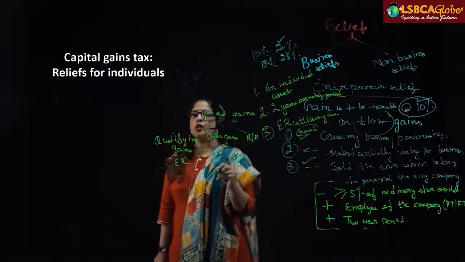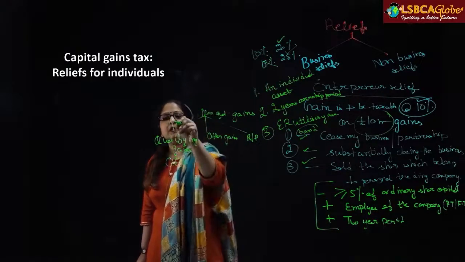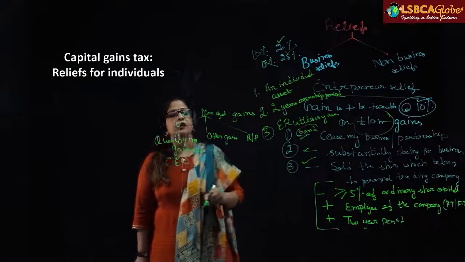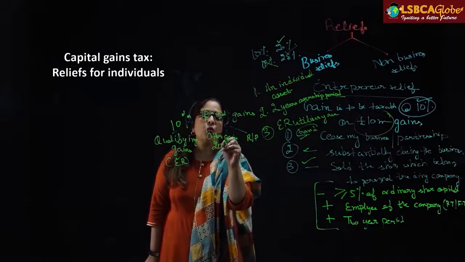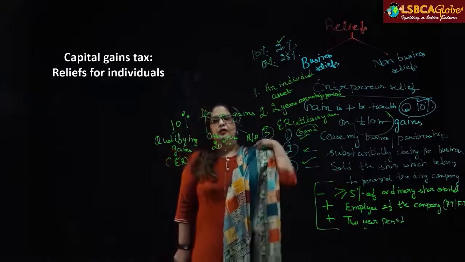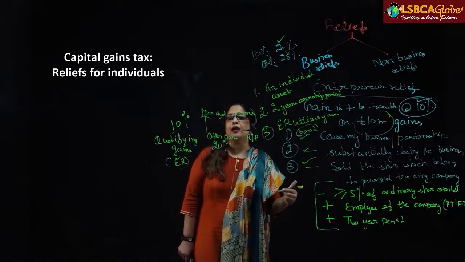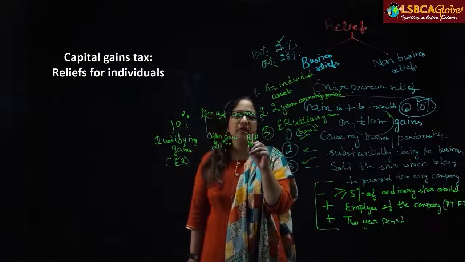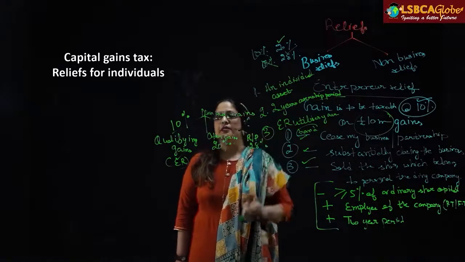Other gains are going to be taxable at what rate? If the ER gains are there which are taxable at 10%, other gains are going to be taxable at a straightforward 20%. If the ER gains are there, the residential property is going to be taxable at what? It is going to be taxable at 28%.